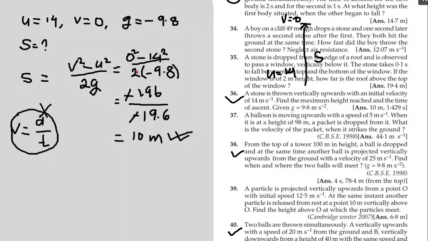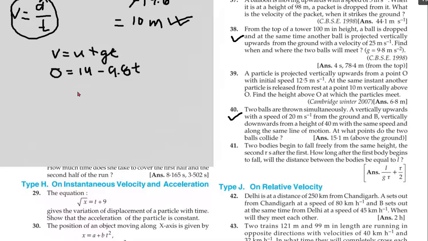We have v equal to u plus gt. Here v is 0, u is 14, minus 9.8 t, or t equals 14 by 9.8. If you divide this, it is 1.43 seconds.